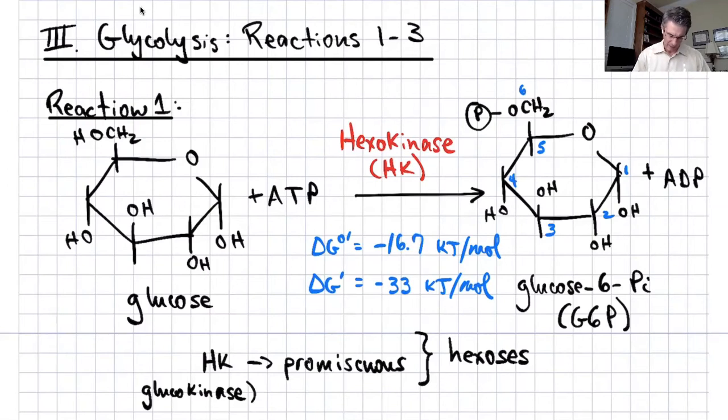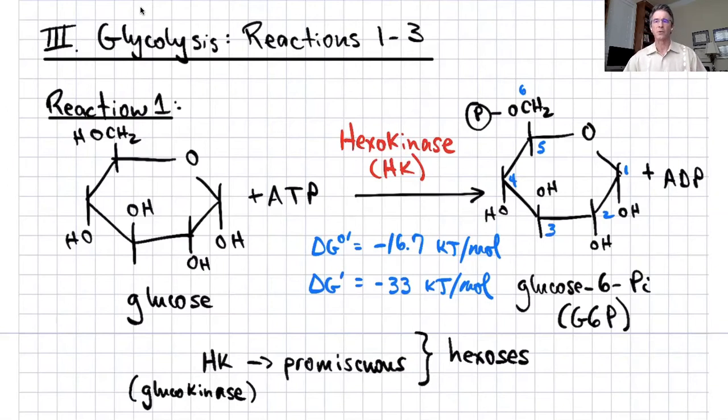And glucokinase, therefore, can respond to much wider changes in glucose concentration level, and it also tends to not be inhibited by the product, glucose 6-phosphate. So it can respond to these big changes in glucose level, which is important for what liver tissue does. But for most other tissues, hexokinase is the key enzyme here at the start of glycolysis.